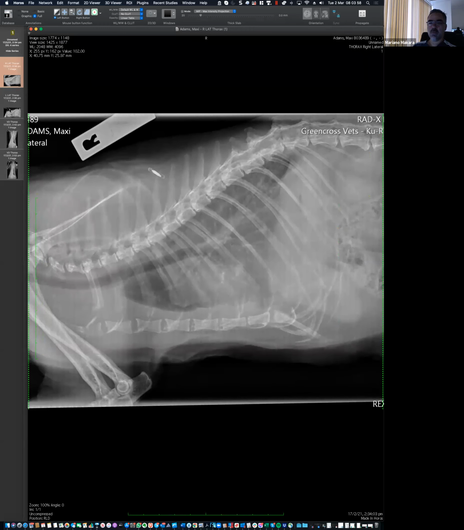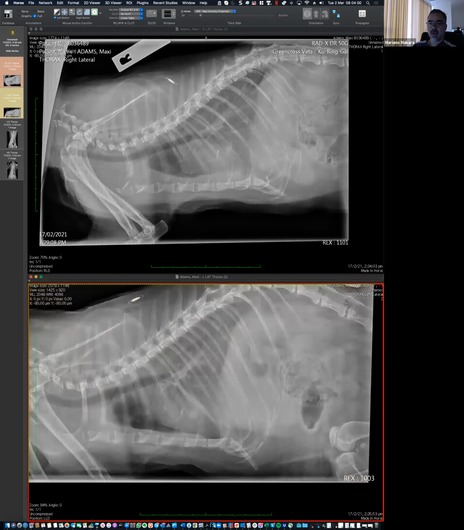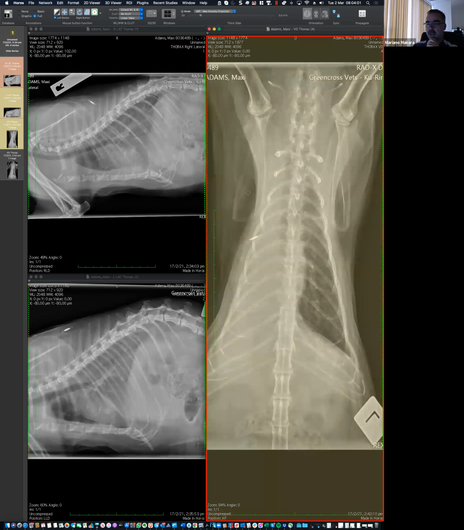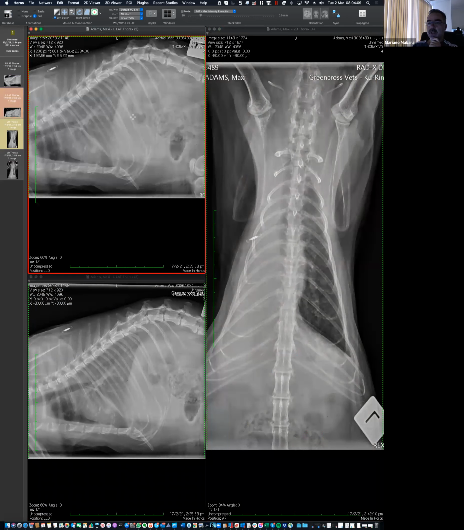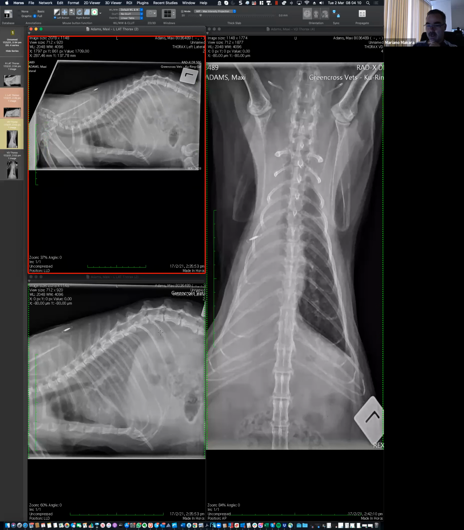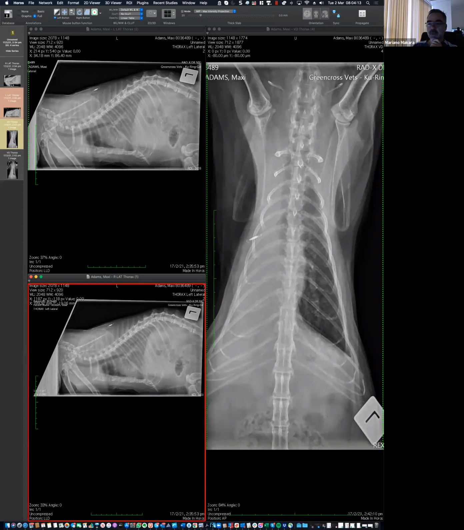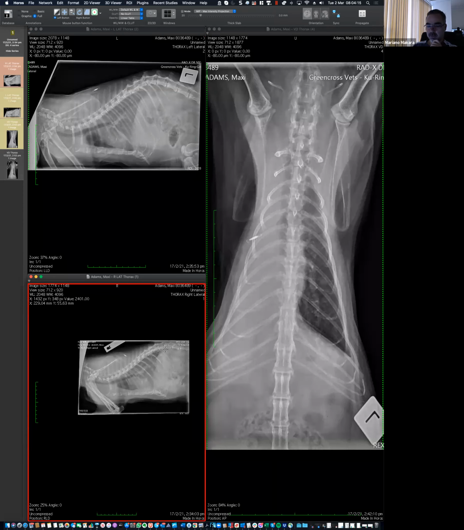Here we go. There are 4 images. I'll probably get only 3 because there are 2 DBs. They are both very good, so we can just live with 1. And then we have left and right lateral projections.